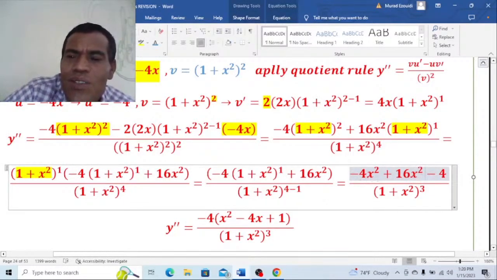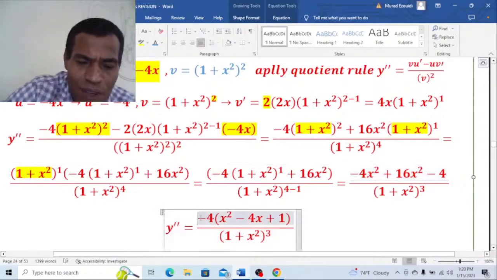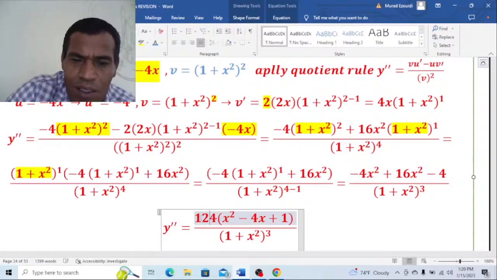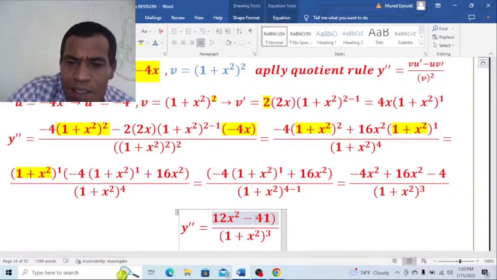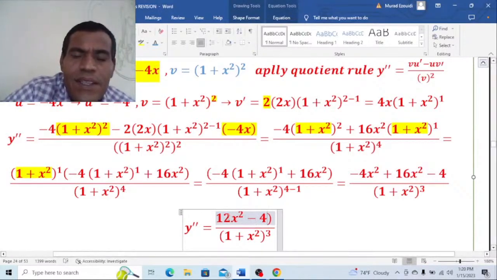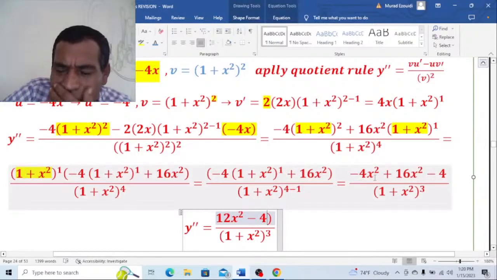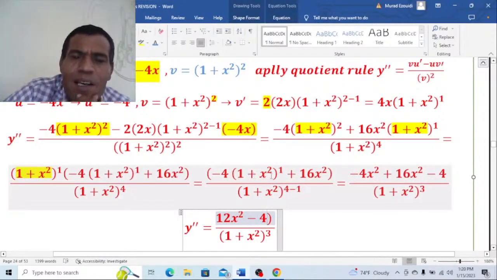This gives us 12x squared minus 4. Let me check: negative 4 multiplied by 1 is negative 4, then negative 4 multiplied by x squared is negative 4x squared, then plus 16x squared. So 16 minus 4 is 12.